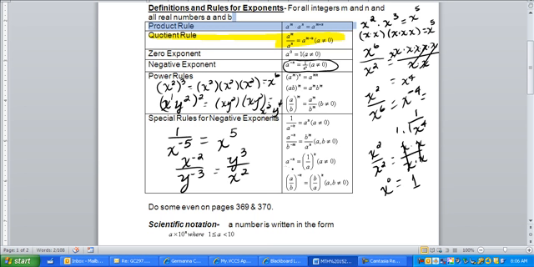And a to the minus n, which we talked about earlier, is 1 over a to the n. All they've done is put the exponent on the outside there. And if we have a fraction like 2/3 to the negative 3, that would be 3/2 to the positive 3, which would be 27 over 8. So we raise each one of those to the third power.